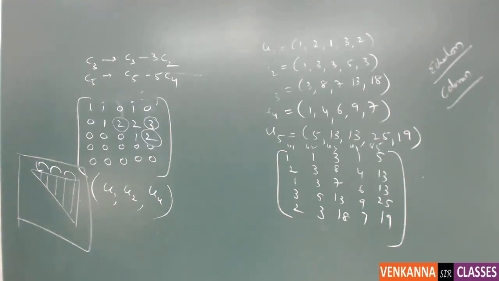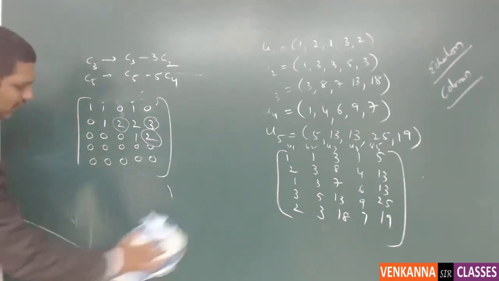I have applied only row operations. In order to get the independent vectors, I am doing the column operations as rough work and understanding that these columns are dependent, so I want to remove them. So what are the remaining ones?